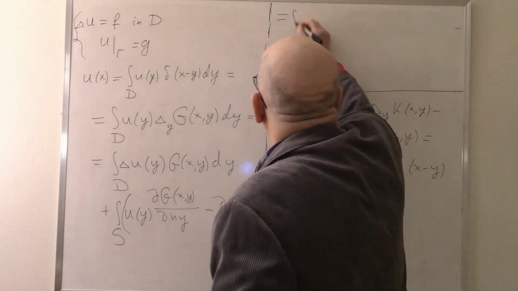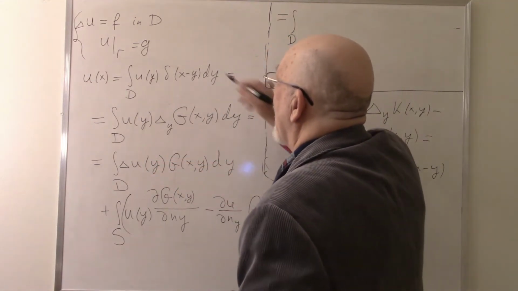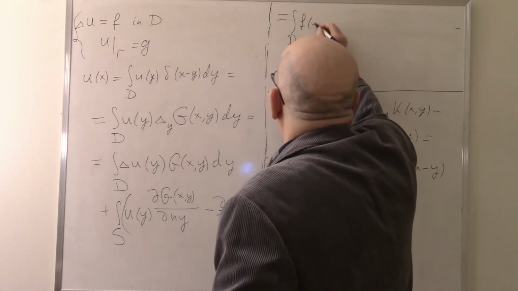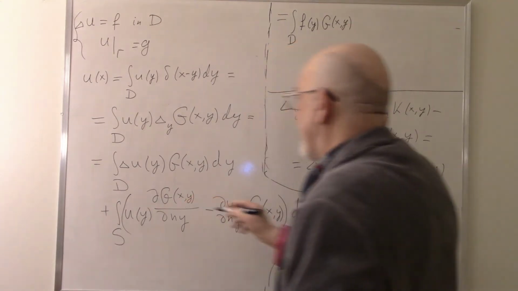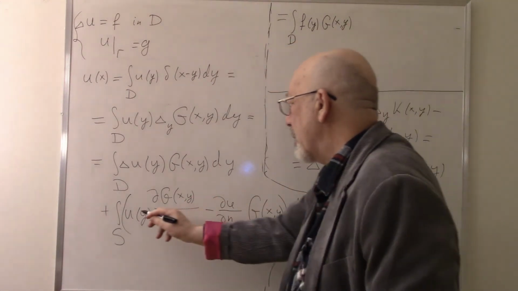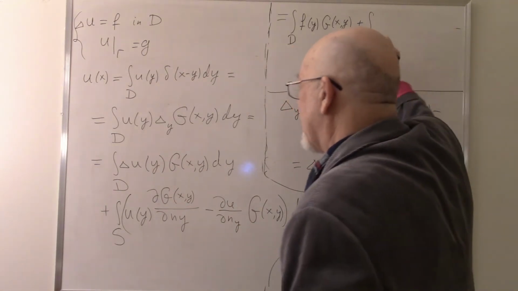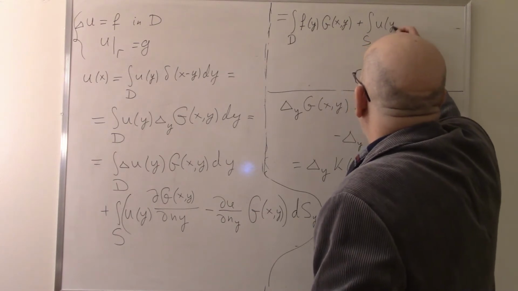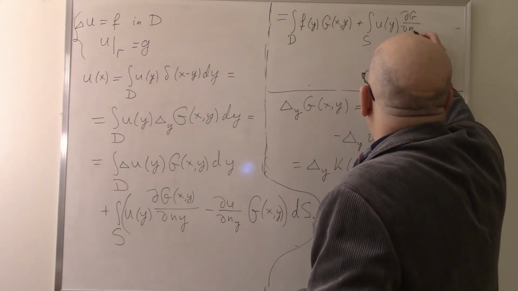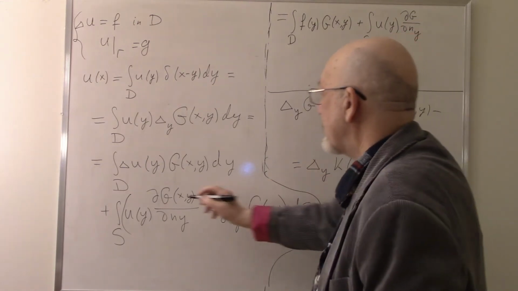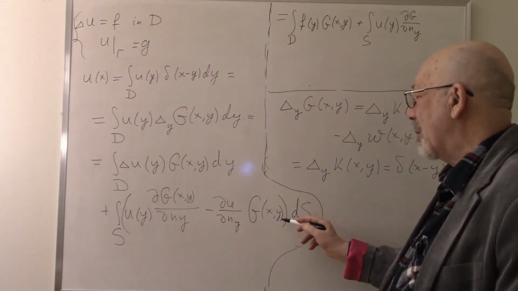Equals, again, the integral over D, Laplacian u is f of y, g of xy, and here we see u of y, plus the integral over S of u of y dg over dn_y, and here g of xy is 0 when y is on the boundary.